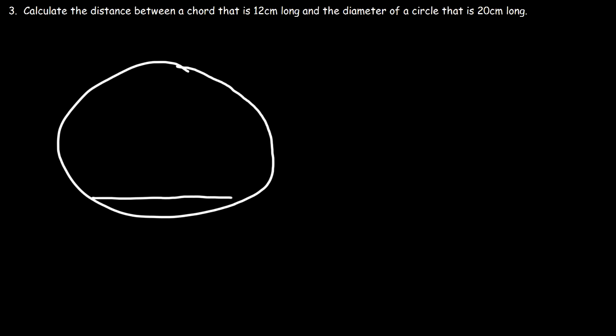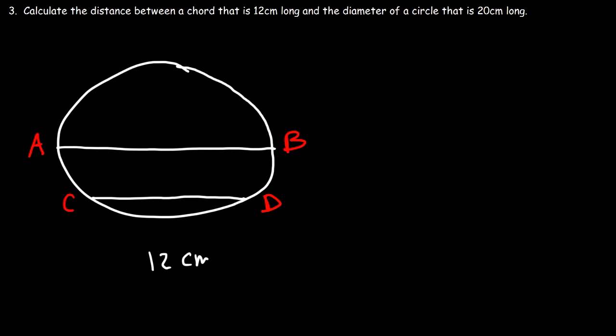Let's say this is the chord, and here we have the diameter of the circle. Now let's call these points A, B, C, and D. So CD is 12 centimeters long. We'll just say 12. AB is 20 units long.